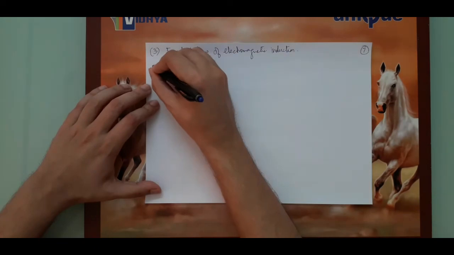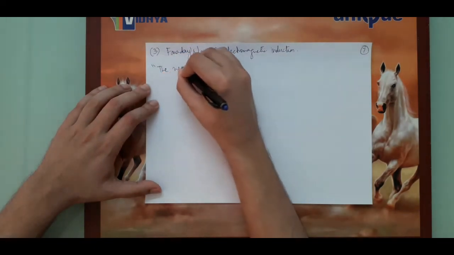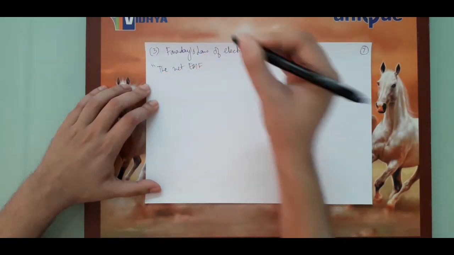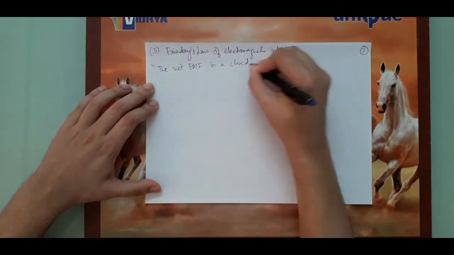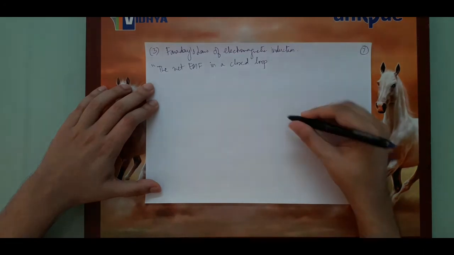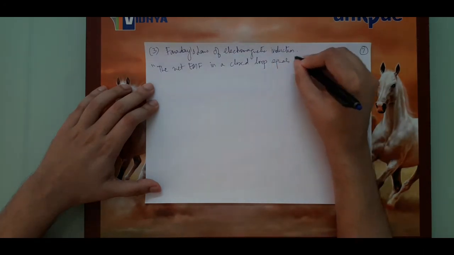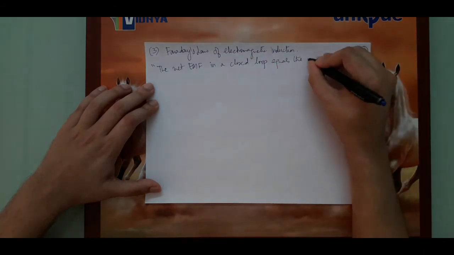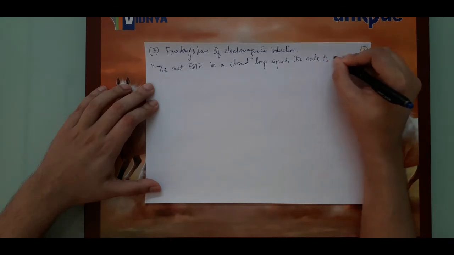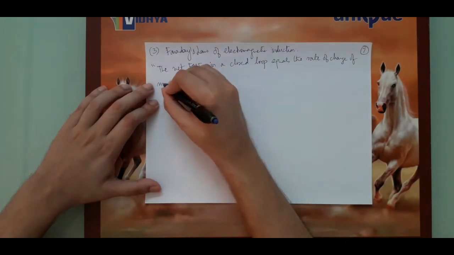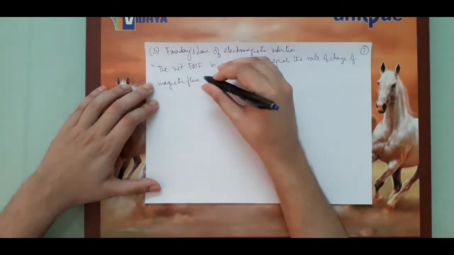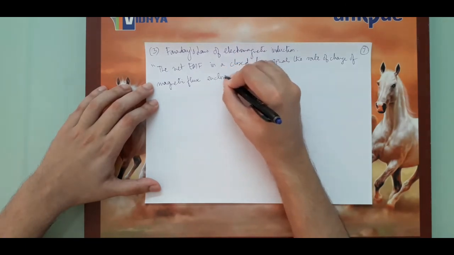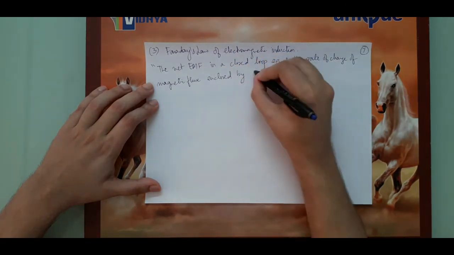So to state this, the net EMF or electromotive force in a closed loop equals the rate of change of magnetic flux enclosed by the loop.